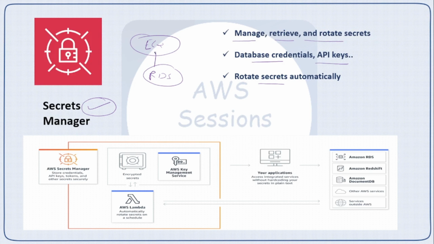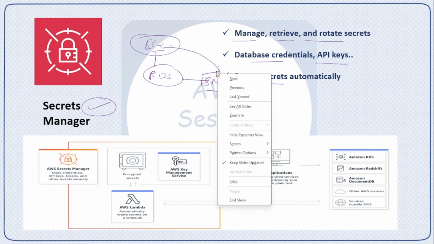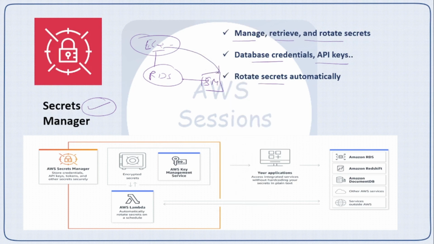Earlier we were storing the credentials in EC2 in plain text format, but that is not the right approach. What we should do is use Secrets Manager. We can store the credentials here and allow the EC2 instance to read from here and then access the RDS. This is how we should do it.